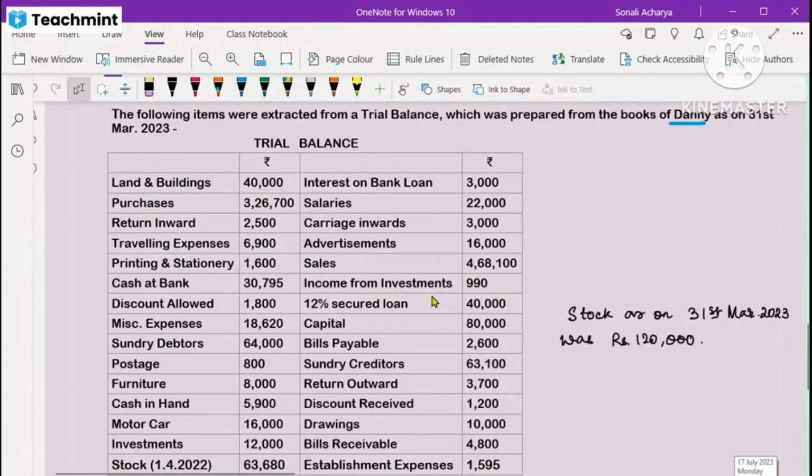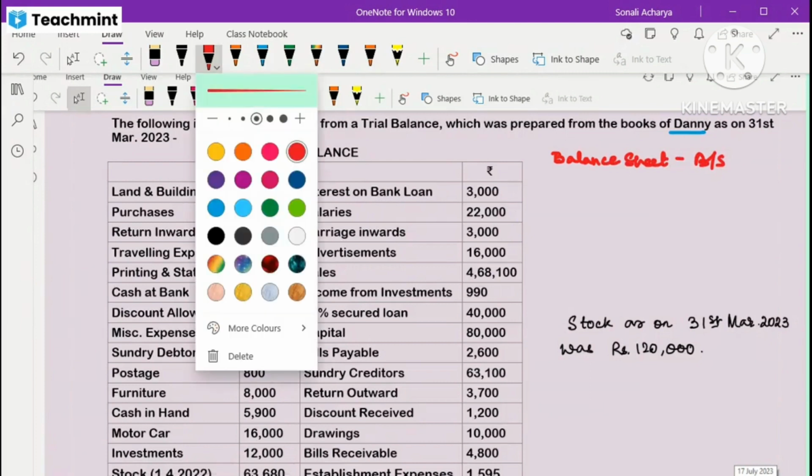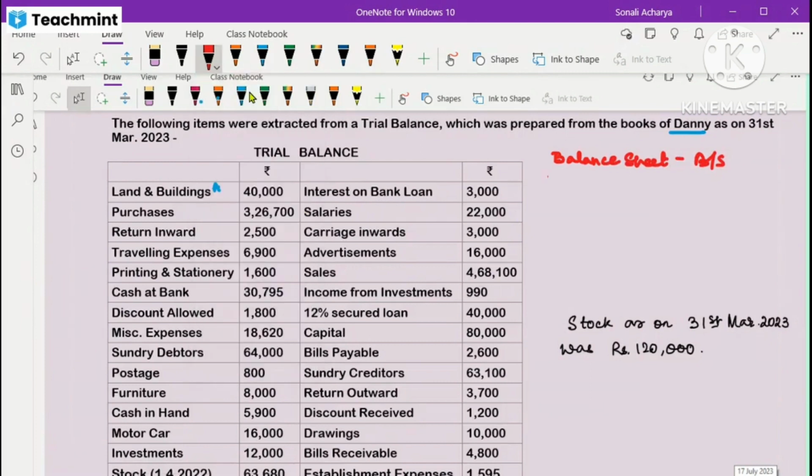So what we will have to do: when I'm writing it, for balance sheet my initials will be BS, for profit and loss account I will write PL, and for trading account I will write T. Okay.